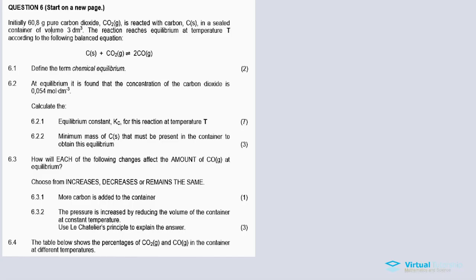The reaction reaches equilibrium at temperature T. What is the temperature T for this reaction at chemical equilibrium?